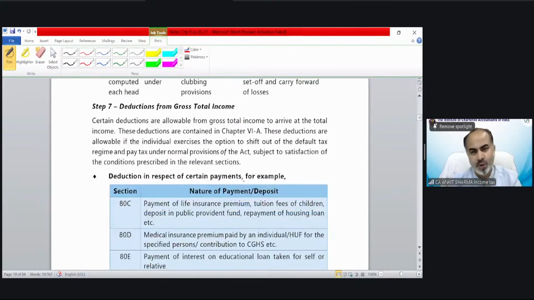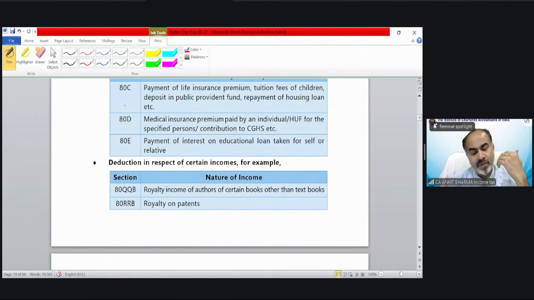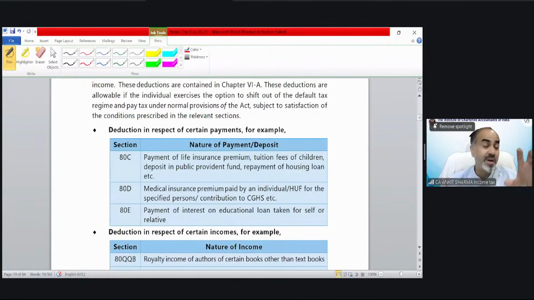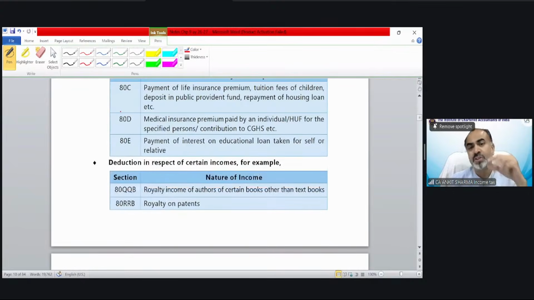From that gross total income, there are multiple deductions. Deductions from gross total income. Certain deductions are allowable, and we have already gone through these deductions. Some deductions are on expense base, some deductions are on investment base, some deductions are on income base. There are certain deductions which are based upon your income, like 80QQB, 80RRB.